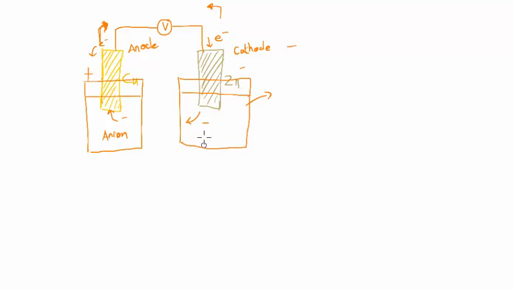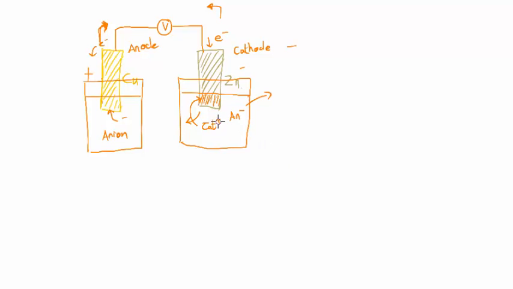So what happens in the solution, because there are now cations and anions, is that the cations are attracted to this bar.